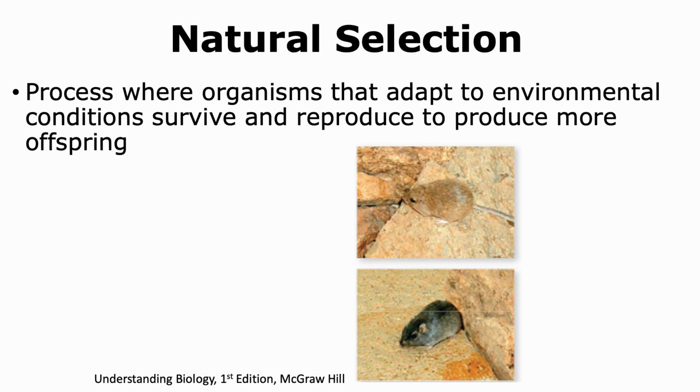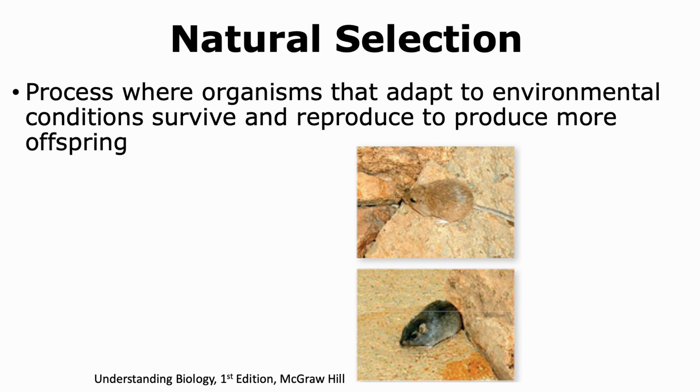One of the most important drivers of evolution is natural selection. This is a process where only those organisms that are able to adapt to environmental changes will survive and reproduce to produce more offspring. Let us take an example of this mouse population, where the coat color can be either dark or lighter.